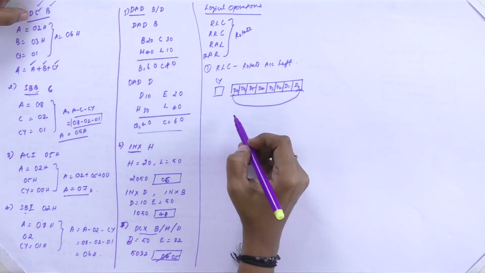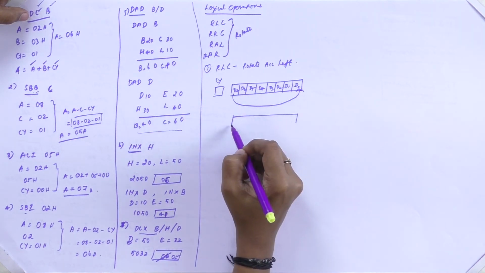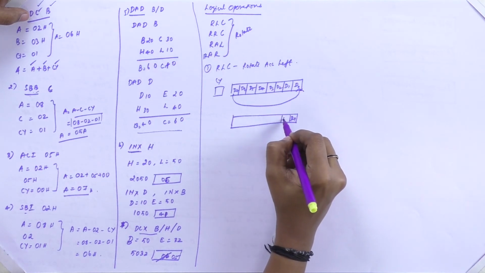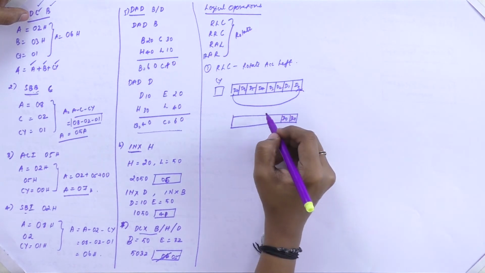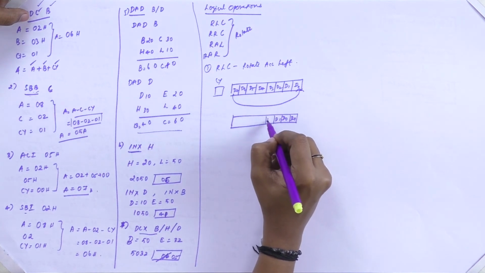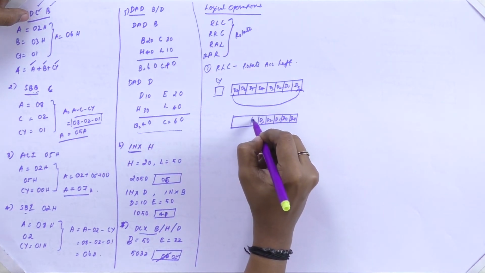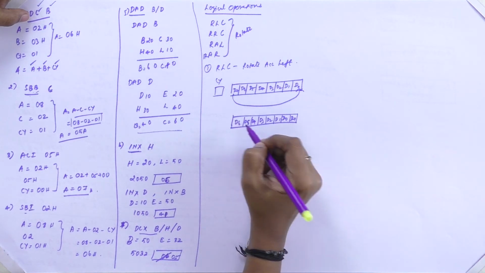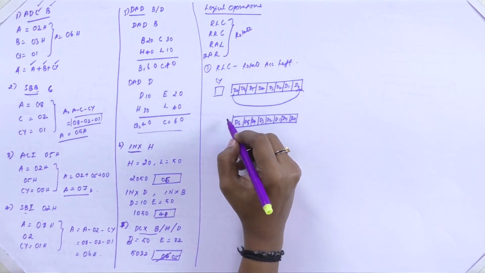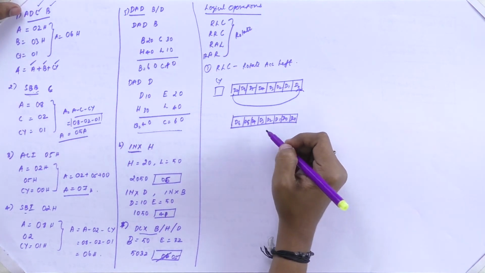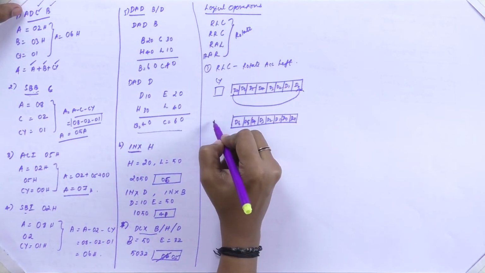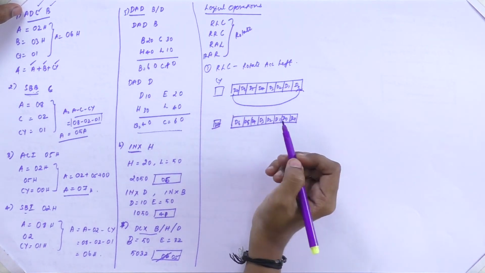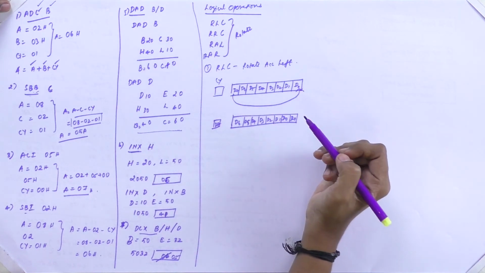So after execution of this instruction, the format of the register content will become here D7, here D0. It will be rotated. So D0, D1, D2, D3, D4, D5 and D6. So this will be the position of the bits after RLC, and the carry flag also will contain the value D7 because this D7th bit is rotated.